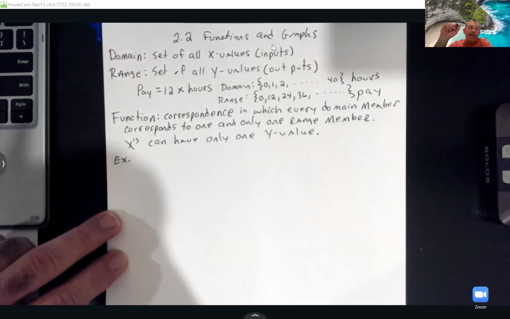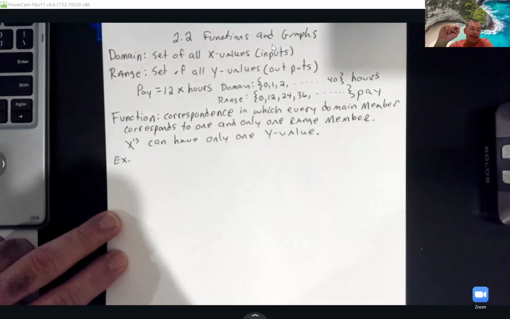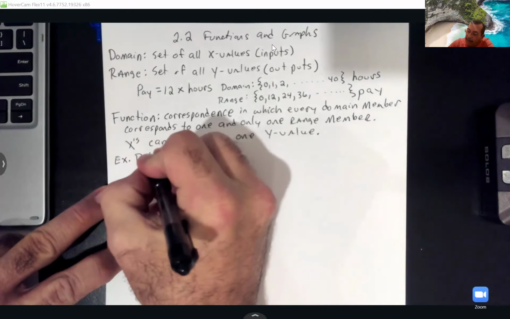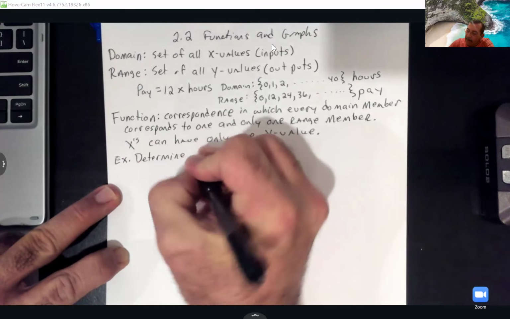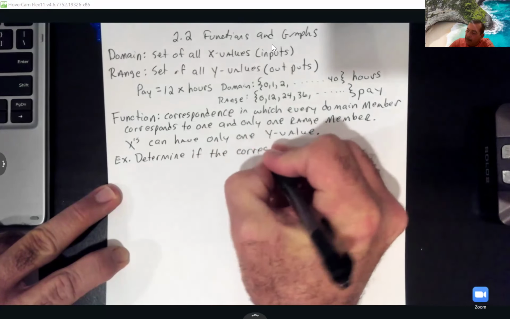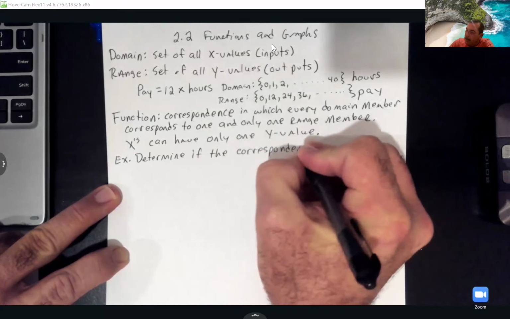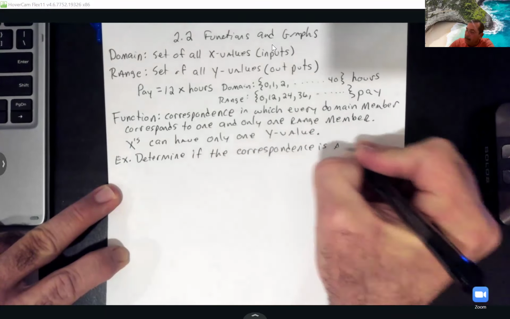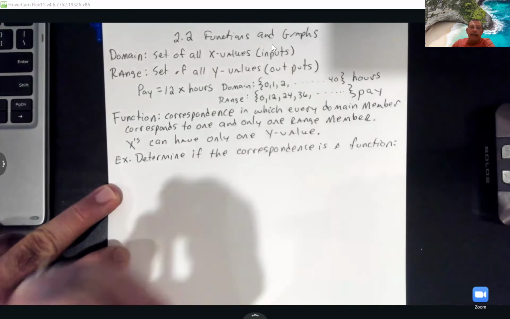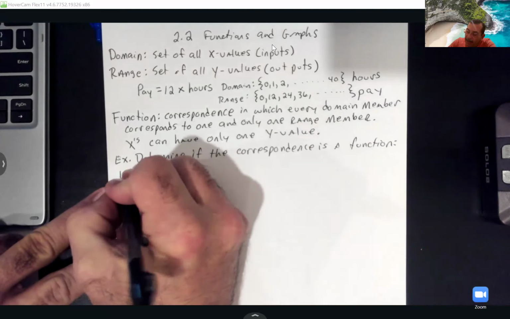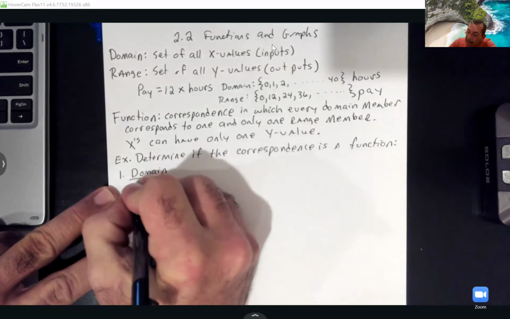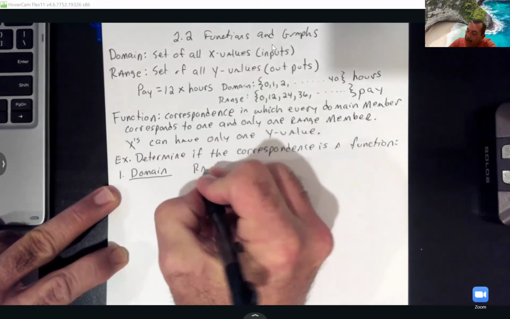So these examples want us to determine if the correspondence is a function. Okay, so for my first one here, they got the domain and the range.